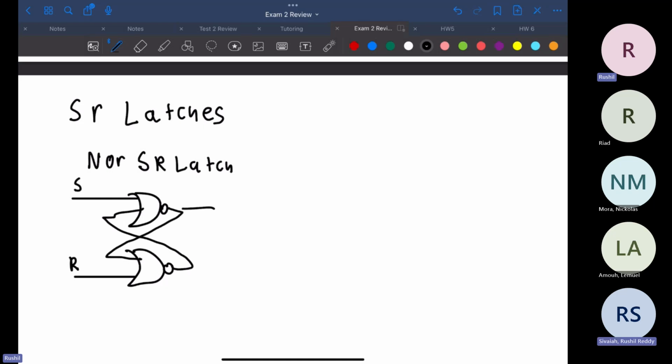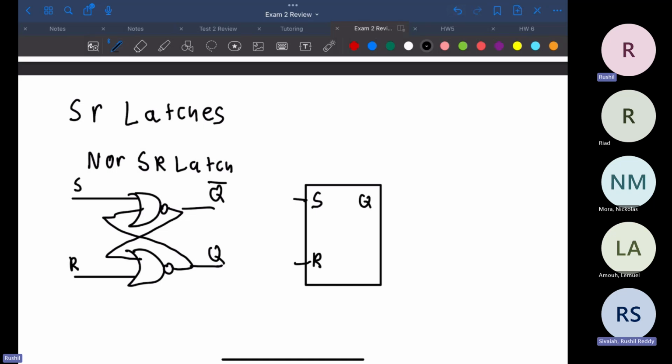Out here we should have Q naught, and out here we should have Q. To actually draw it out, it'll have your S, your R, then your Q and your Q naught. Since this is a latch, that means it's asynchronous, which means it doesn't care about your clock. It'll work no matter what.